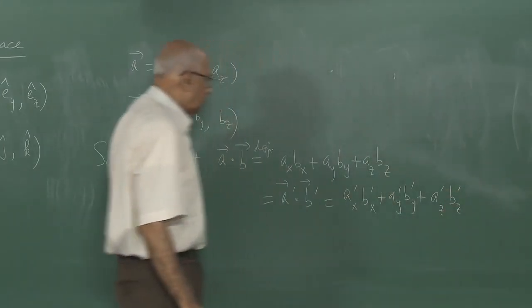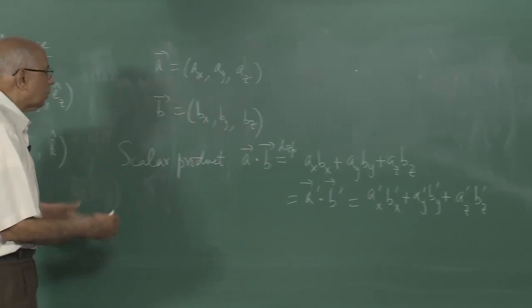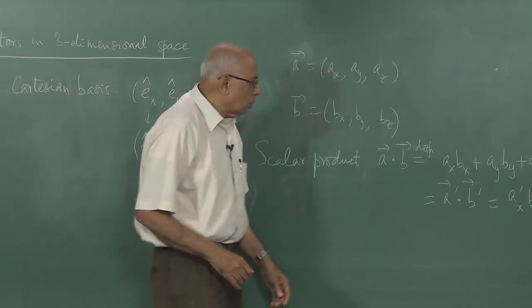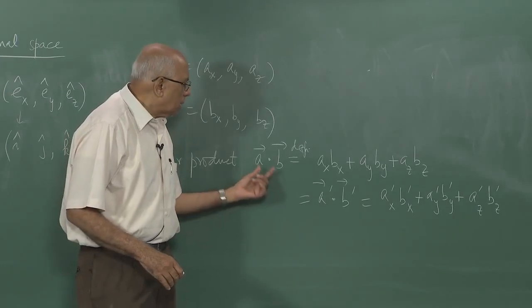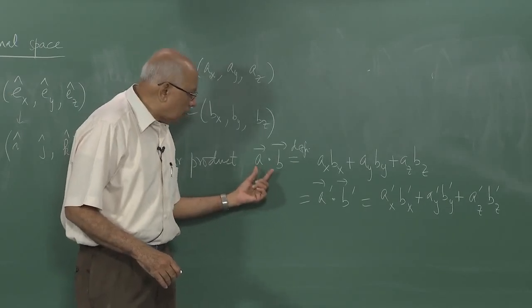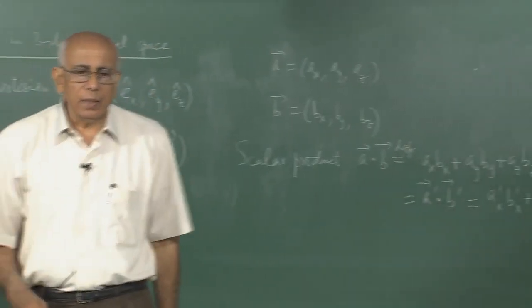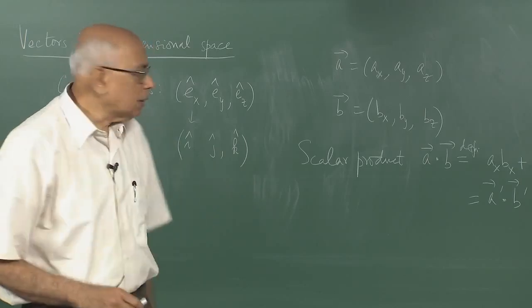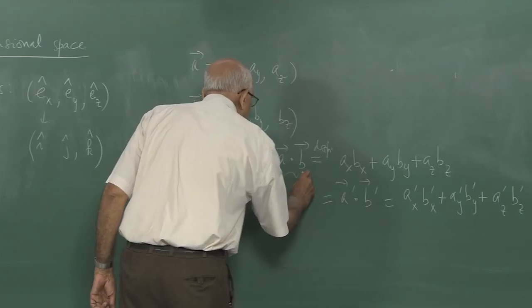There are more elegant ways of verifying it using just the properties of the rotation matrix R, but I am not going to go into that here. It is a matter of a little bit of algebra, but it is easy to show that this quantity A dot B does not change under a rotation, and therefore since it is the same in the unprimed and primed coordinates, it is a scalar. This thing here is a scalar quantity.